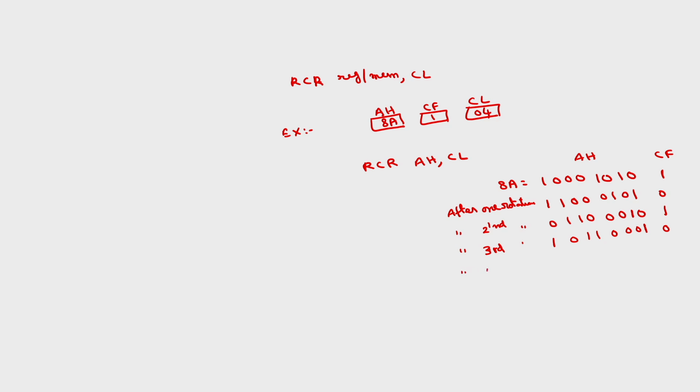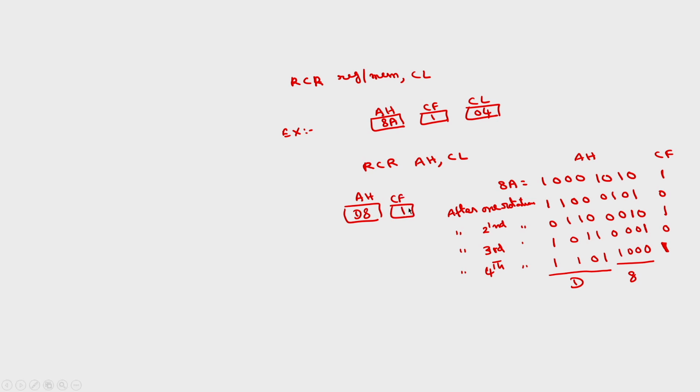And after fourth rotation, this previous carry flag 1 will come here, so 1 1 0 1 1 0 0 0, and this 1 becomes this. So after this instruction, the contents of accumulator AH will be, this is D and this is 8, and carry flag will be set. So AH will be having D8 and carry flag will be set.